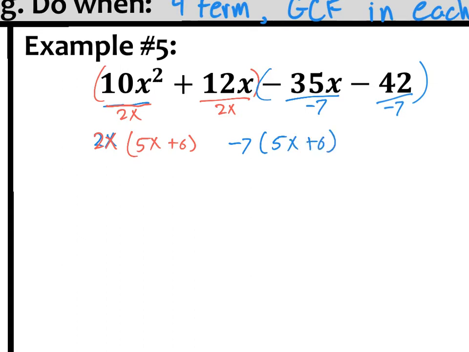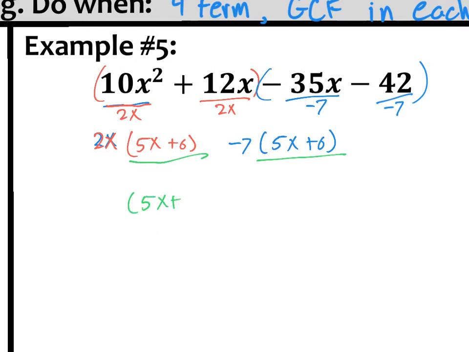When we're grouping, we should always have this common factor. Okay? If we don't have a common factor like that, it's not possible to factor by grouping, or we made a mistake somewhere.